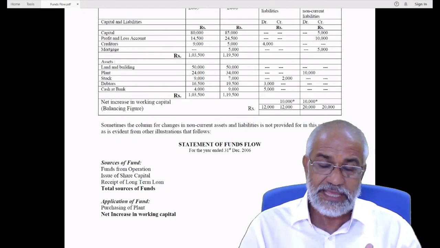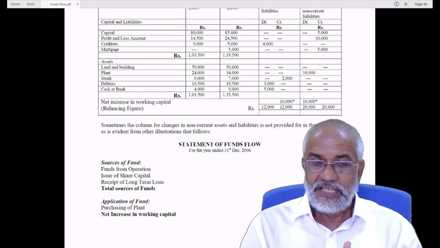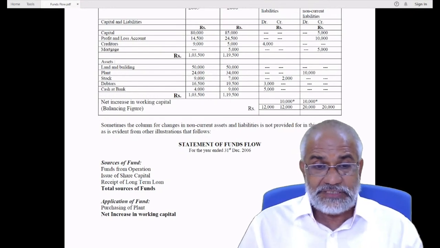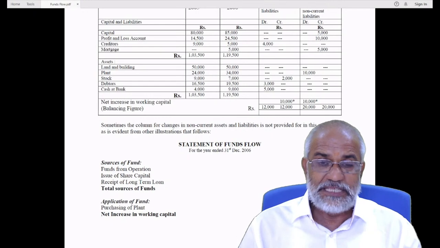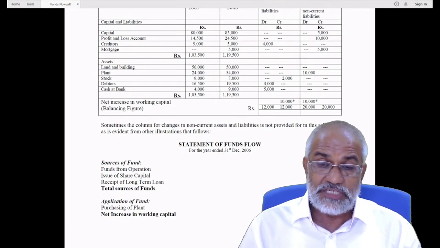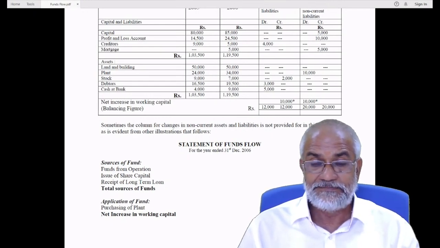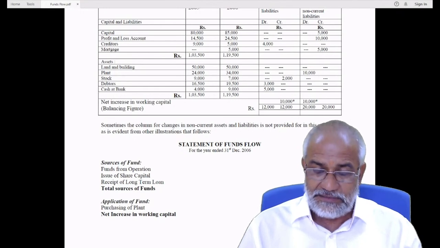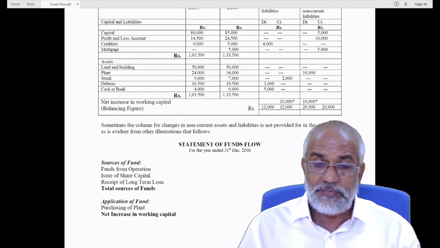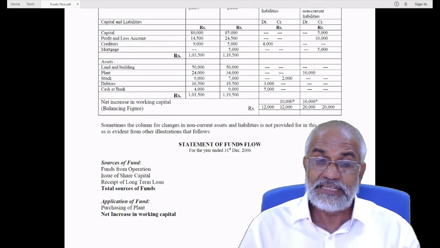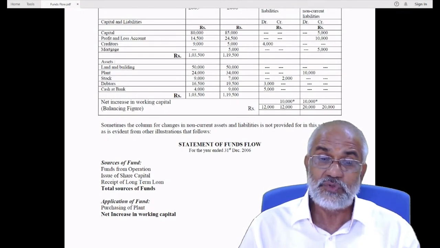So the funds flow statement agrees. So the utility of step 2 and step 3, that means the preparation of individual accounts involving hidden transactions and the preparation of the memorandum profit and loss account or the adjusted profit and loss account, will come into the picture when additional information is given to the balance sheet.